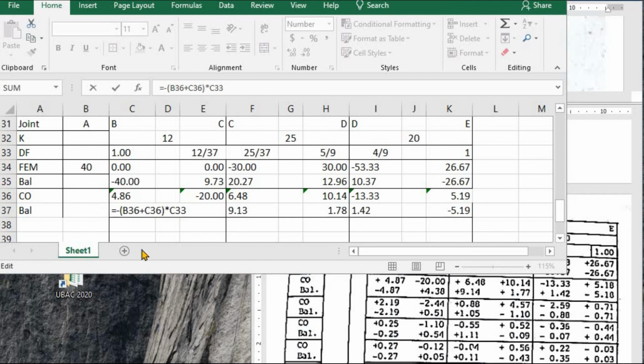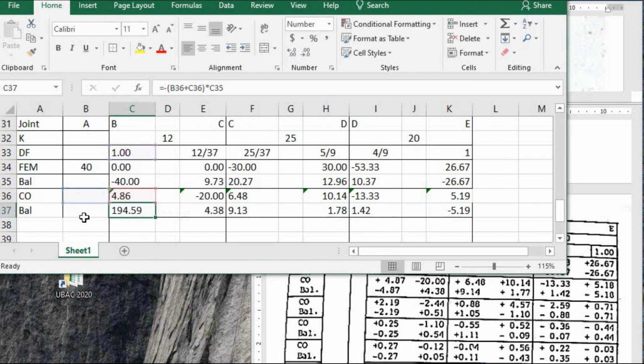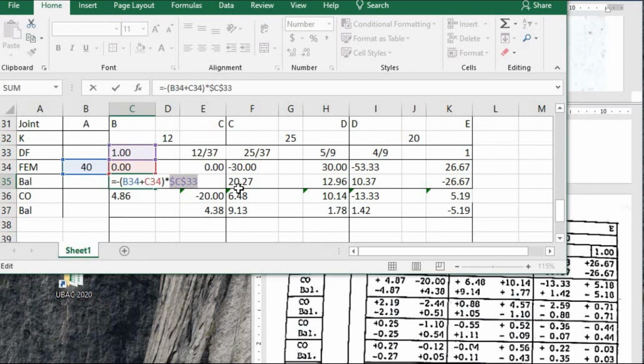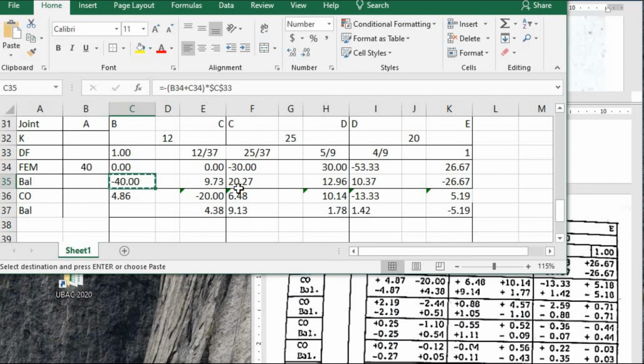So, I will press escape, and then I will just click this. I will press F2. The C33, that is the distribution factor. I will click that and press F4, then enter. Then I can now copy this and paste it here. See? So, negative 4.86, or this is simply the same as the negative of the moment above.